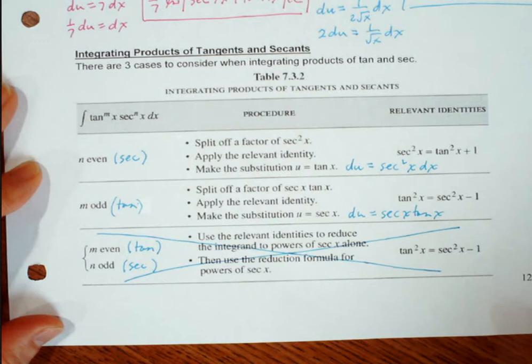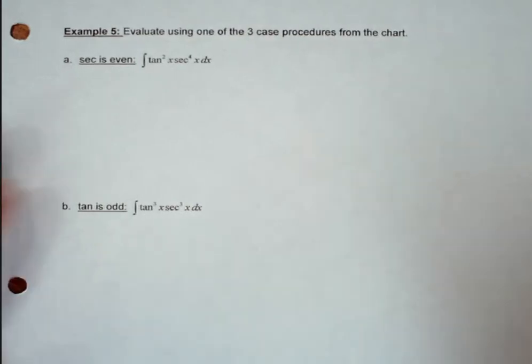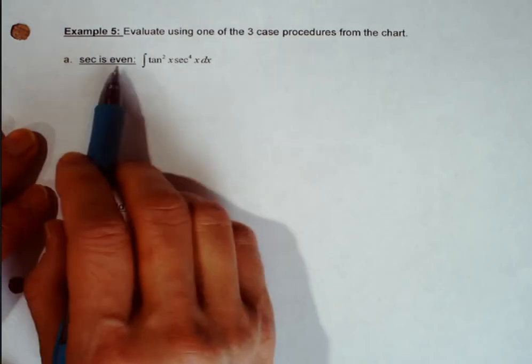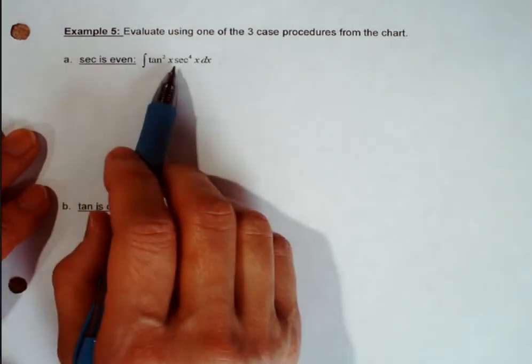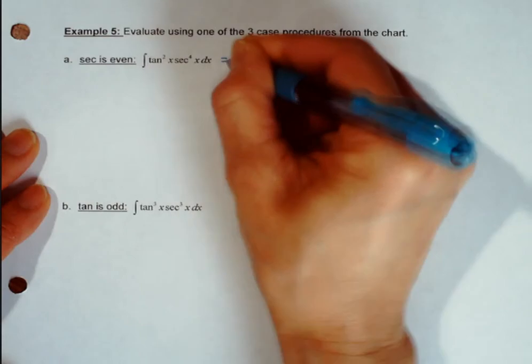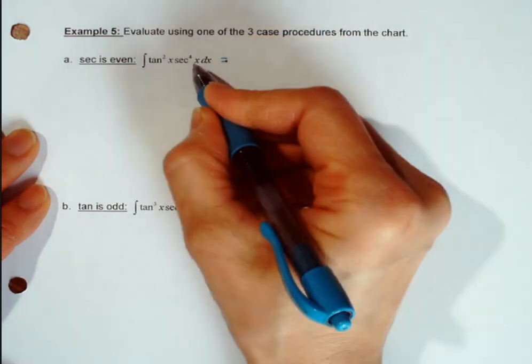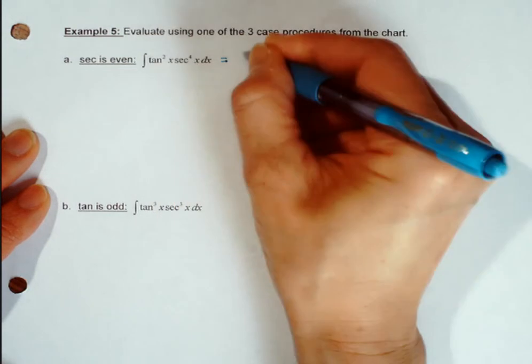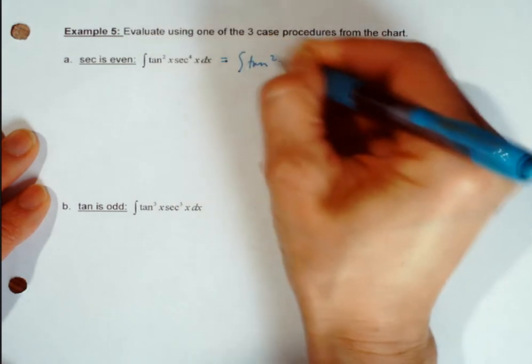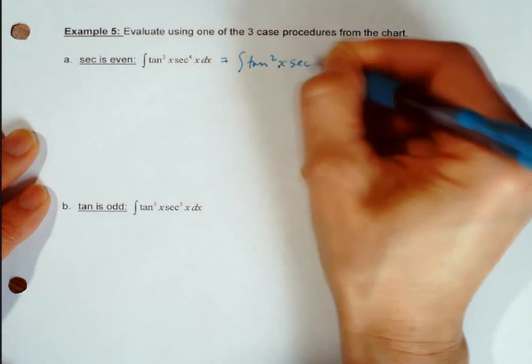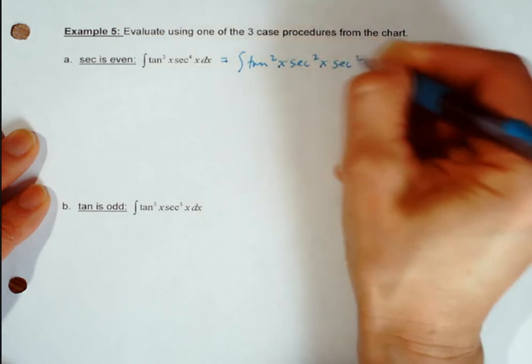Okay, so let's turn to page 13, and we're going to do 2 problems. In example 5, this is the case where secant is even, so I'm going to rewrite secant to the 4th power as secant squared x times secant squared x. So this will be the integral of tangent squared of x times secant squared x times secant squared x dx.